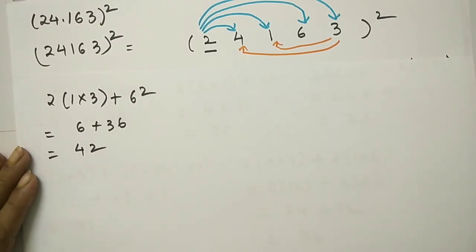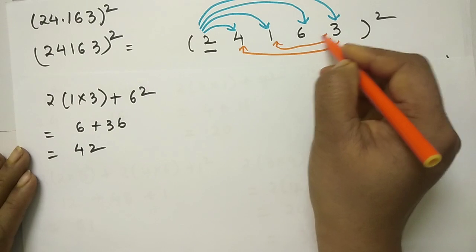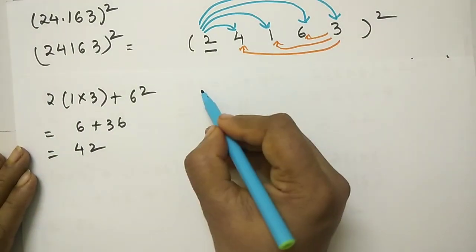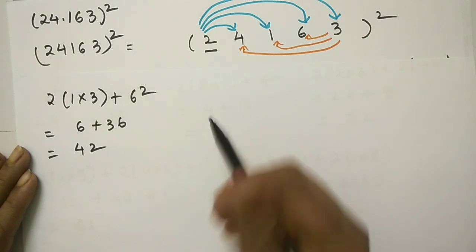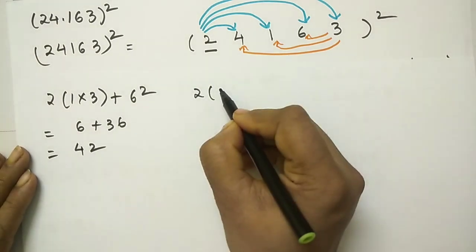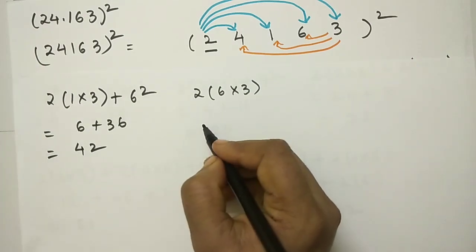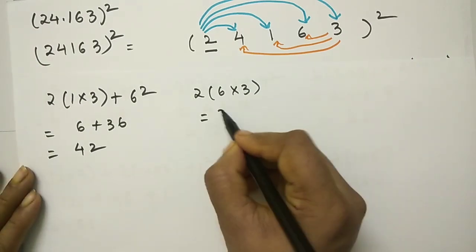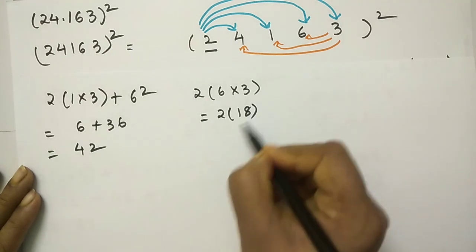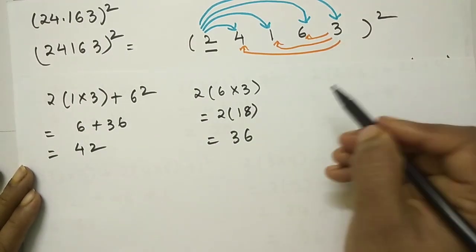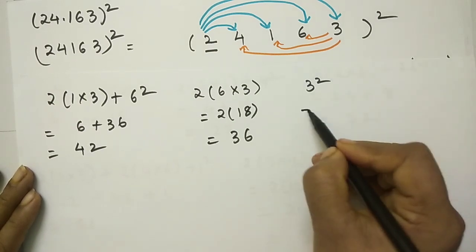Next you have to multiply these 2. So this is nothing but 2 into 6 into 3. This is equal to 2 into 18 equal to 36. And at last we are with 3. So 3 square equal to 9.